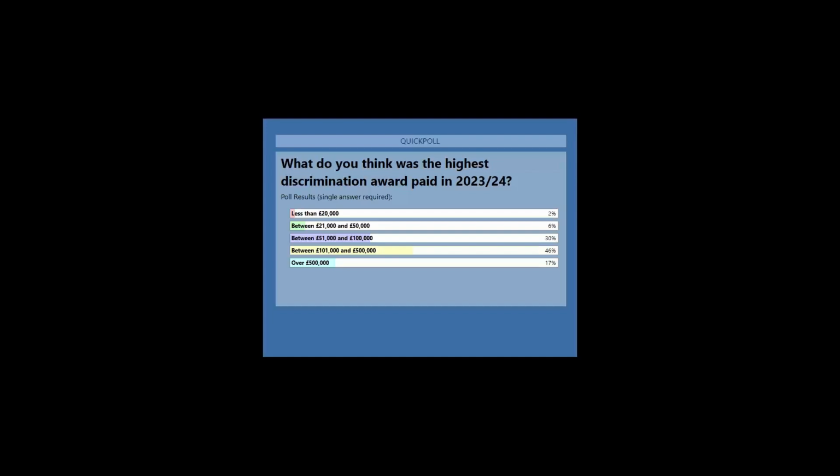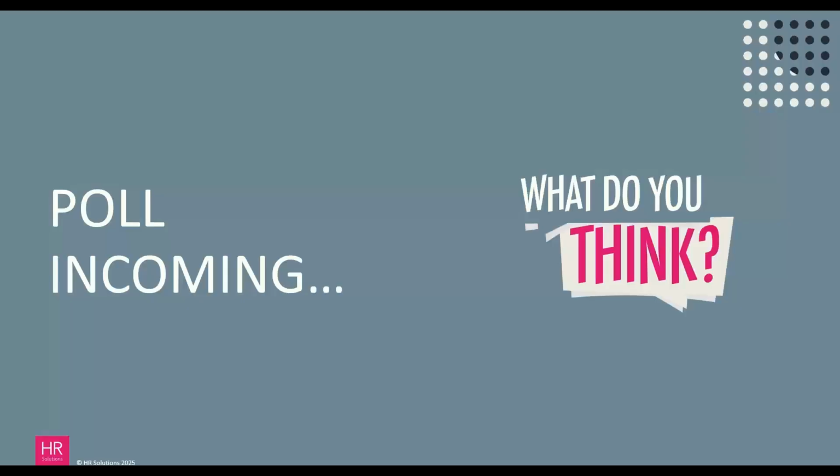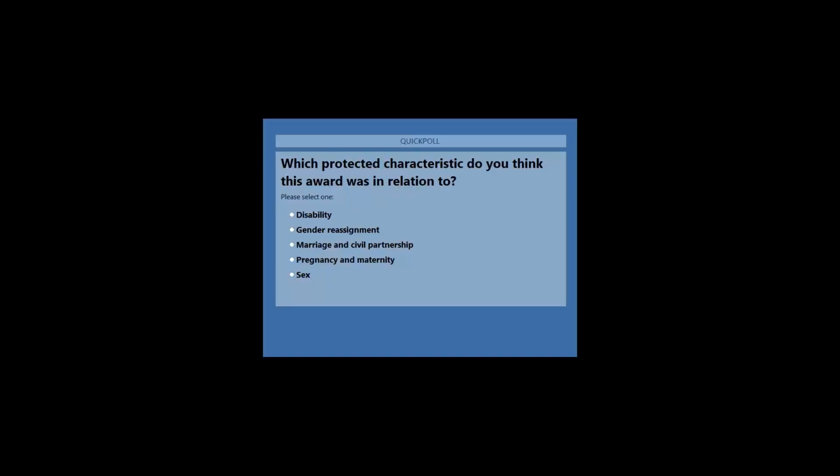And the next poll is, I'm intrigued to know, which protected characteristic do you think that award relates to? I'm going to launch the poll here. Clearly, I can't put all protected characteristics up here, because we're limited to how many options.